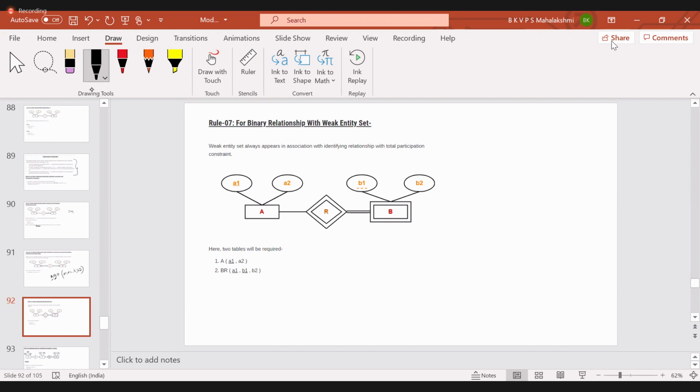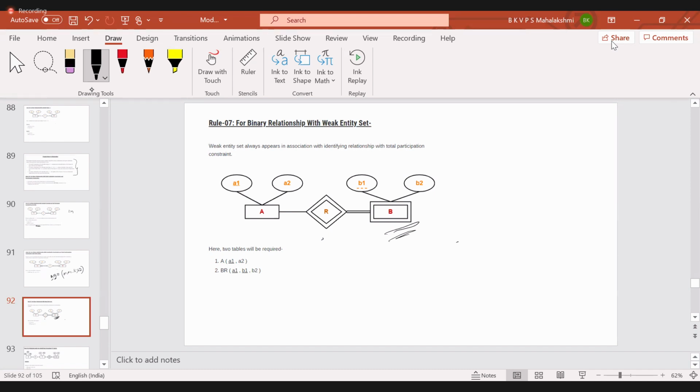And this is the binary relationship with a weak entity set. Suppose in your diagram you specified a weak entity. In that case, don't take it as a separate table, because there was no use. Directly you can specify its attributes along with the relationship. Whenever there is a weak entity, definitely we should have total participation to the other entity.